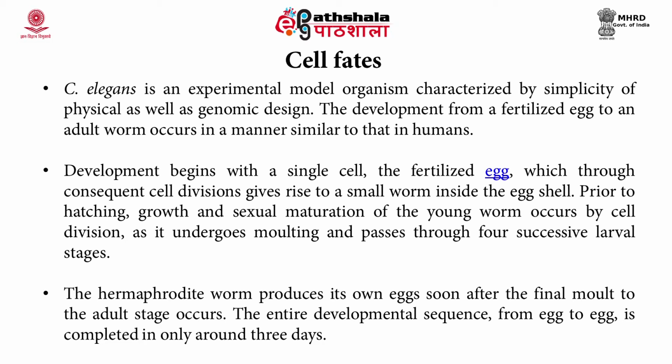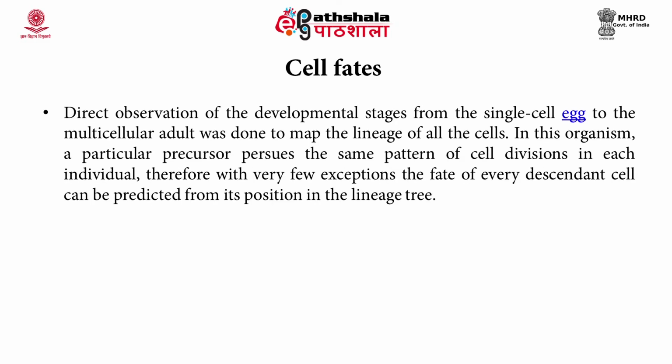The entire developmental sequence from egg to egg is completed in only 3 days. Direct observation of the developmental stages from the single cell egg to the multicellular adult was done to map the cell lineages of all the cells. A particular precursor pursues the same pattern of cell divisions in each individual.